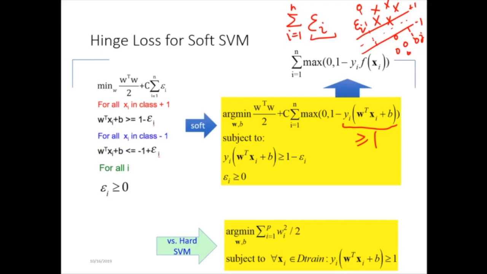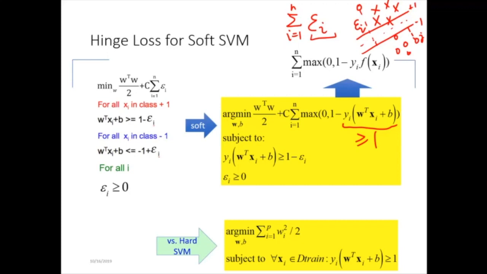But if this is not larger or equal to 1, it's actually smaller, what will be 1 minus that part? It will be positive, that's exactly the wrongly predicted point, epsilon I. And by performing max of 0 and that distance, you're going to have that epsilon I contributed into that error term.